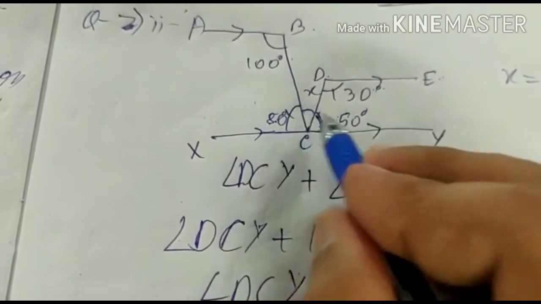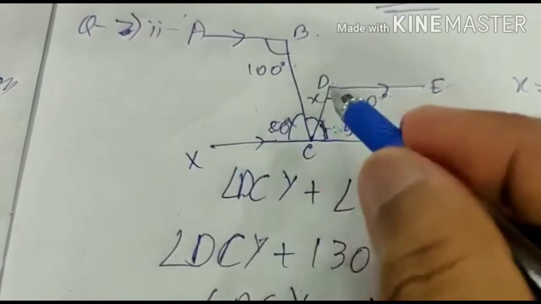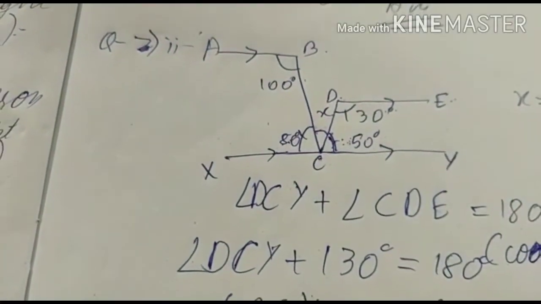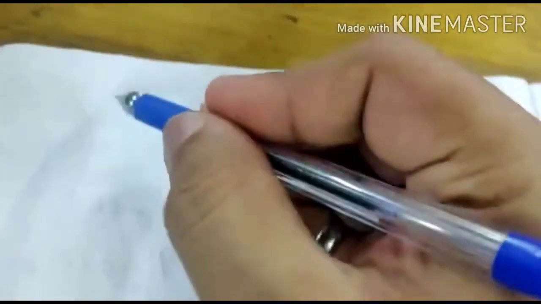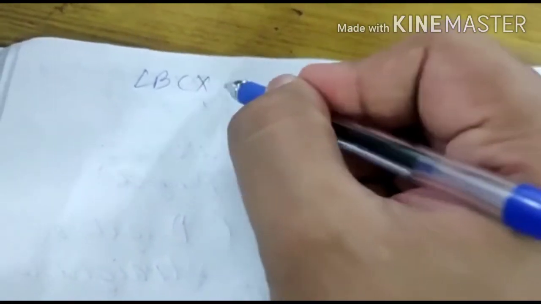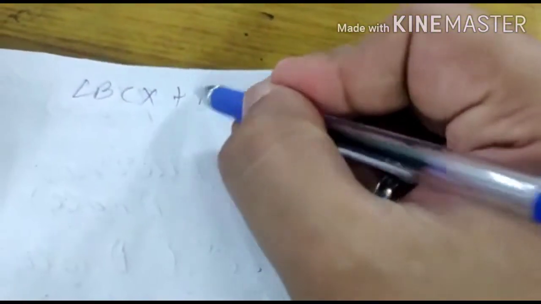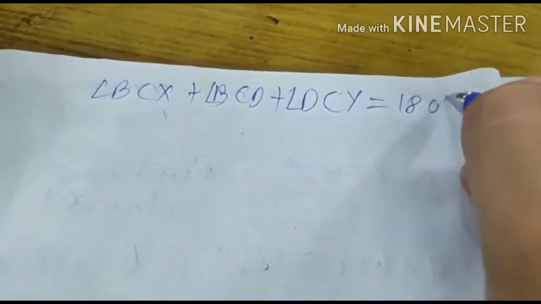So 50 plus x plus 80. These are on a straight line on the same side. So the sum of these three angles on a straight line will be 180 degrees. So angle BCX plus BCD plus DCY equals 180 degrees.